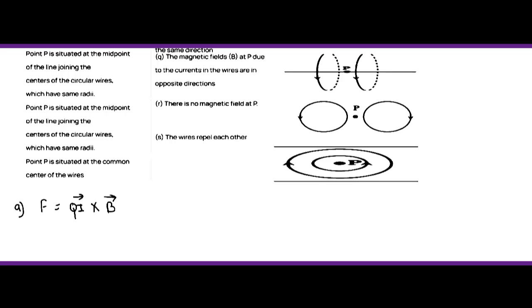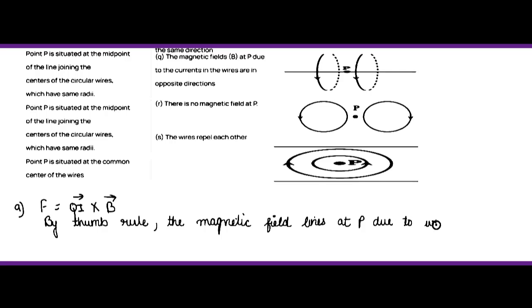So I can write it here also that by thumb rule the magnetic field lines at P due to both wires are in opposite direction.